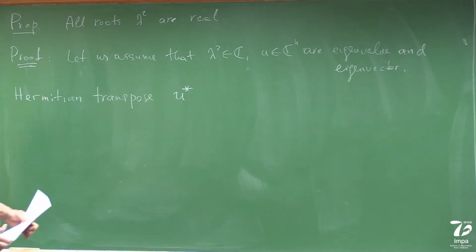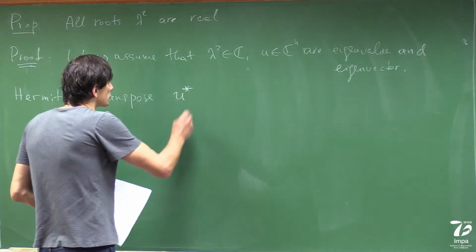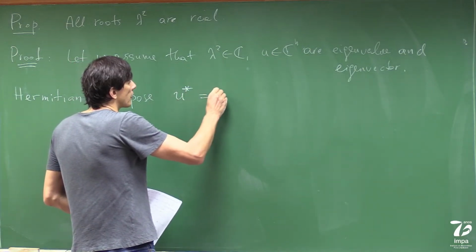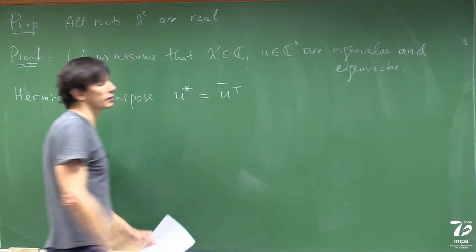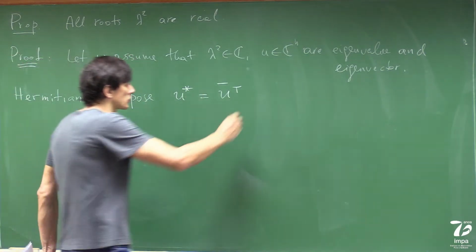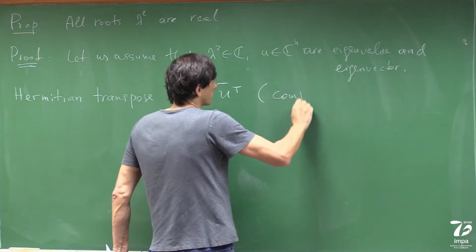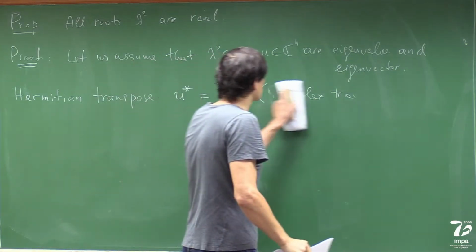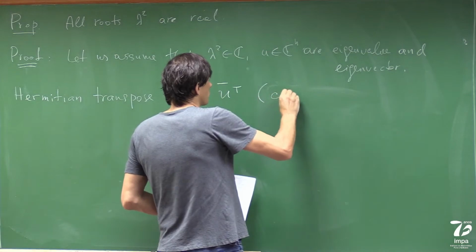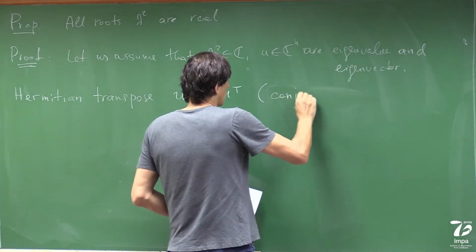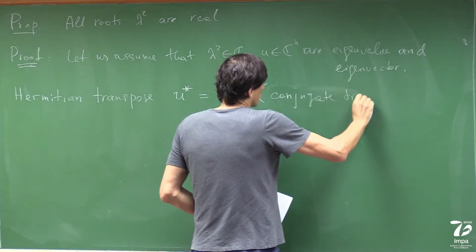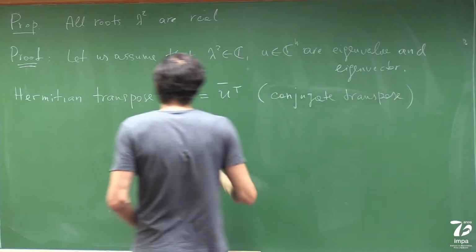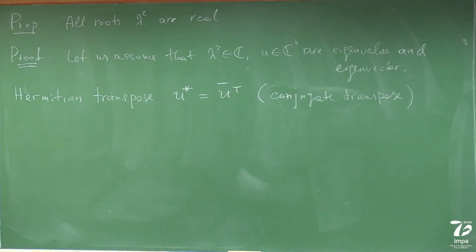There are different notations, sometimes you put star, sometimes you put H, but we will use star. When you take a complex vector, it's the same as taking the usual transpose and complex conjugation. Sometimes it's called conjugate transpose. So it's like transpose, but you also take complex conjugation.